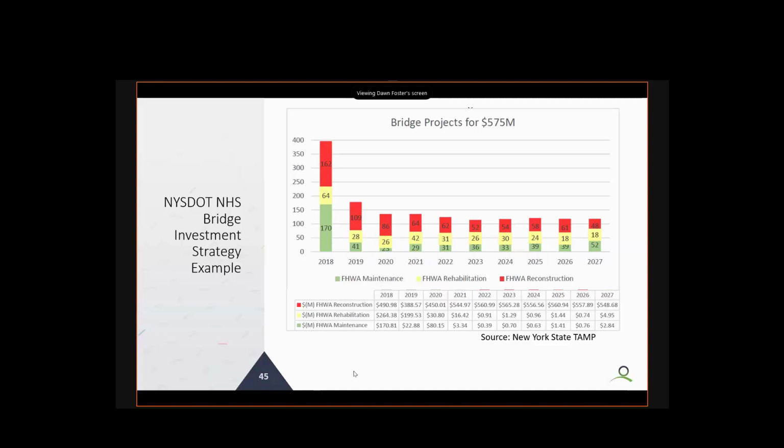And this is the balance they strive to achieve, and they describe that in their investment strategy. And then the investments that they then list in the TAMP show how that bears out. And 2018 and 2019 were the last years of the critical bridges over water investment. That's why they're so much bigger. The steady state really happened from 2020 on.